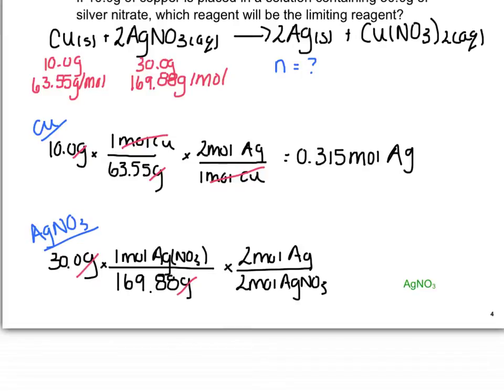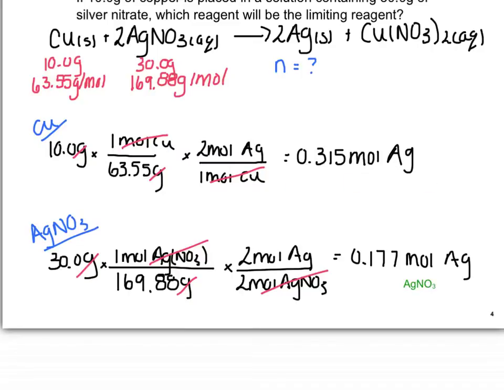We've had some unit cancellation here. We're left with moles of silver, which is excellent. We need to compare when we're talking about the same product here. So we get 0.177 moles of silver. Therefore, we are going to run out of AgNO3 before we run out of copper, because AgNO3 can only make 0.177 moles of silver, whereas copper can make almost double that.